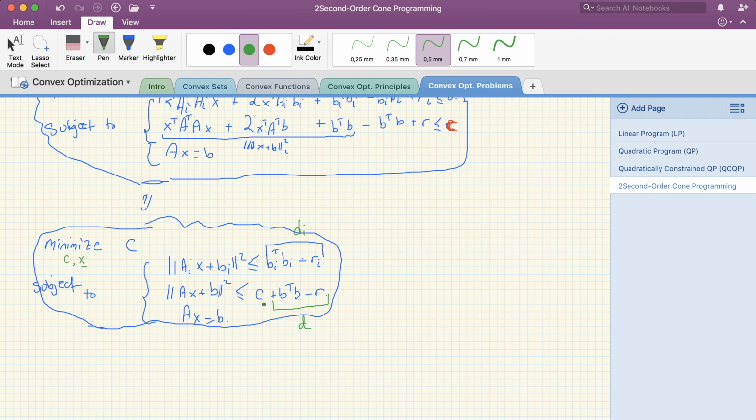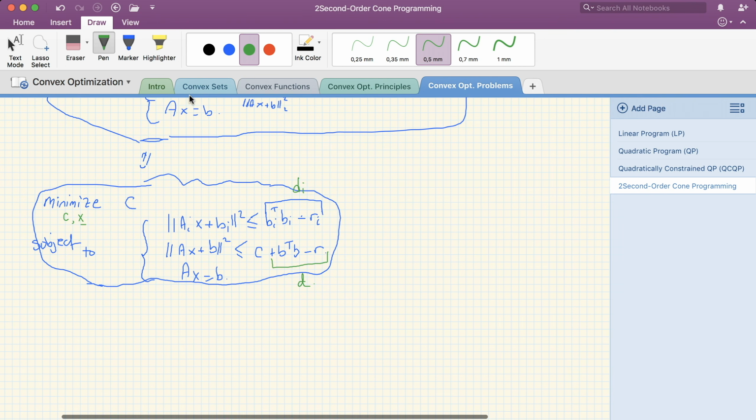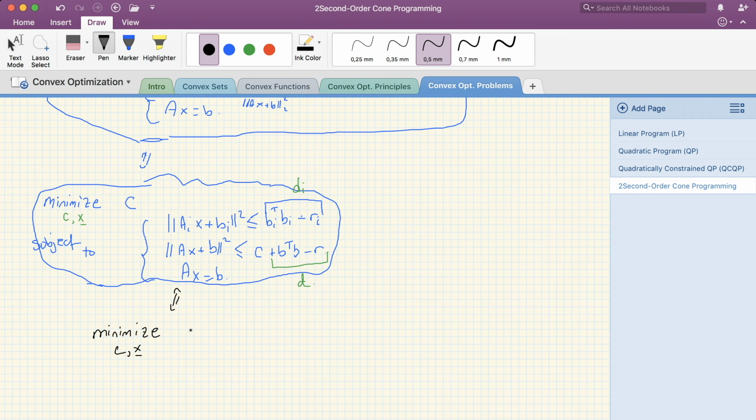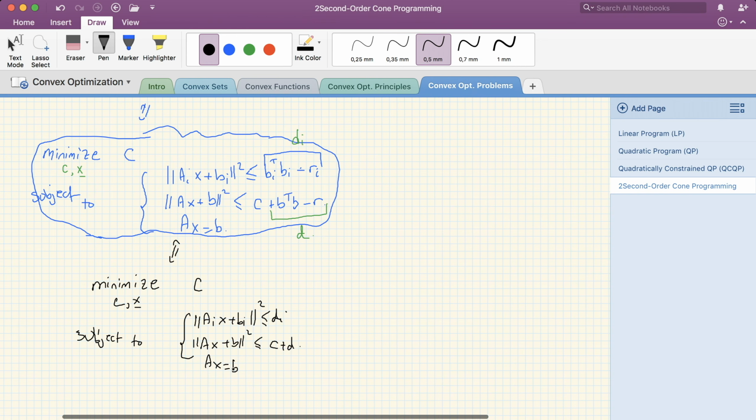So I'm just going to leave it there hanging for a while and rewrite this again with the d's. So we're minimizing with respect to C and x, only the scalar C, subject to the norm Ai x + Bi squared less than di, and then the norm Ax + B squared less than C plus d, and then Ax equal B, right?